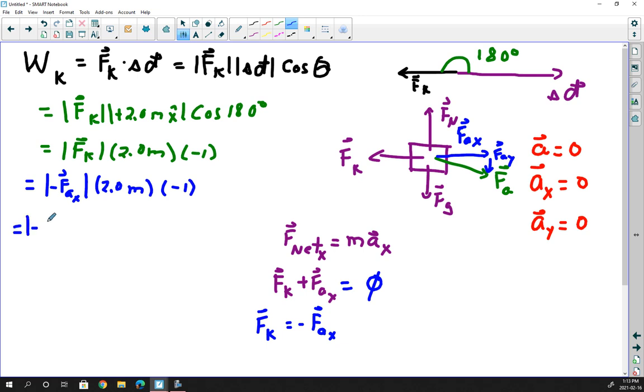All right. Now, what is force applied x component? Well, it's force, right? There's my 30 degrees in here. That x component is adjacent to the 30 degrees. So this becomes force applied cosine 30 degrees times 2 meters times -1.